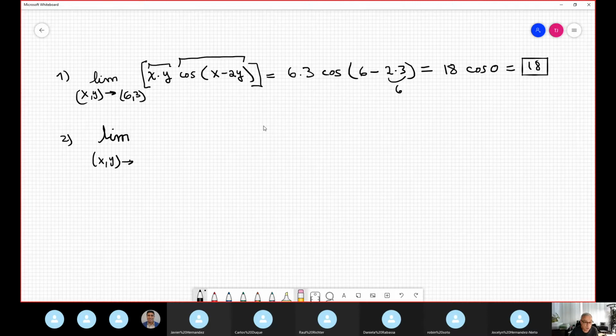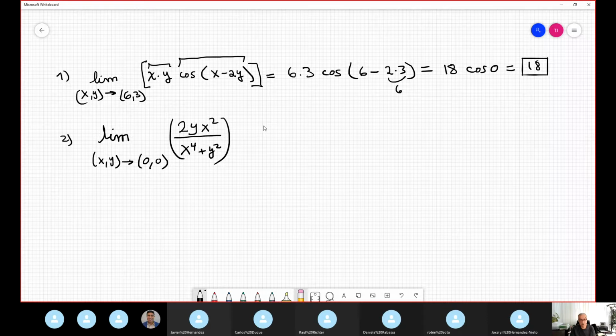The second question is a little bit more complicated. Compute that limit. Okay. So remember, to face that problem, well, you plug in.